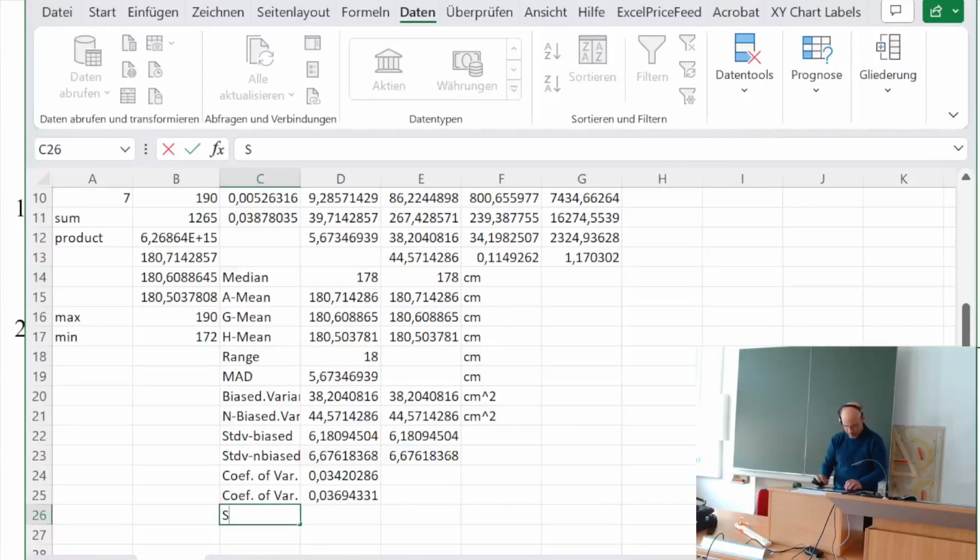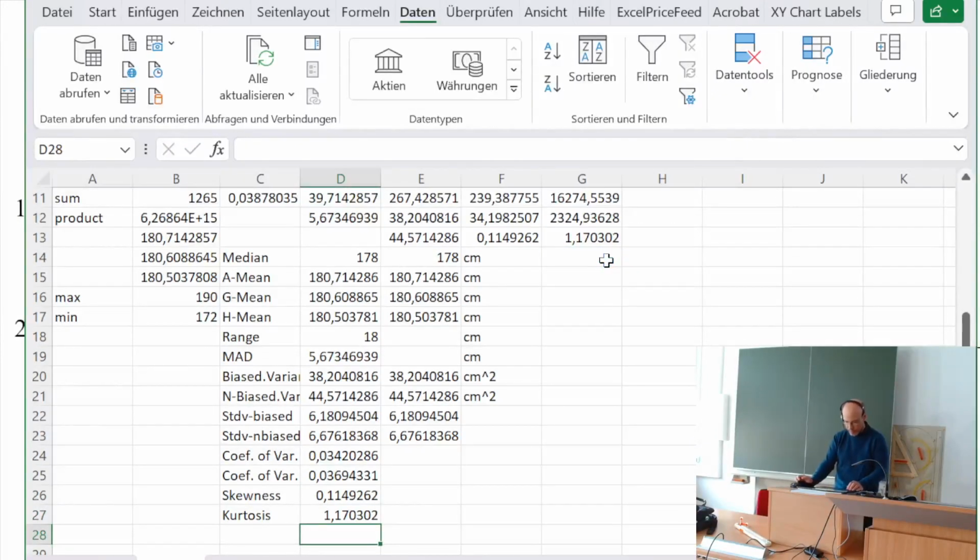So then we have skewness equals this one, and kurtosis equals this one.